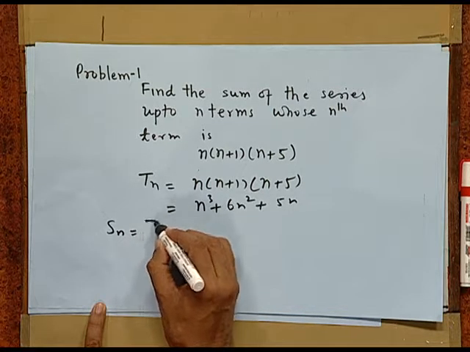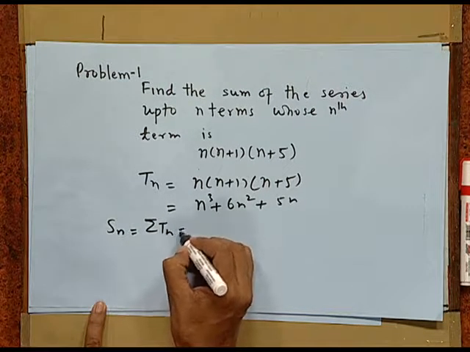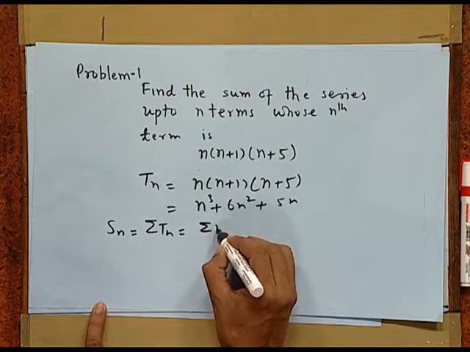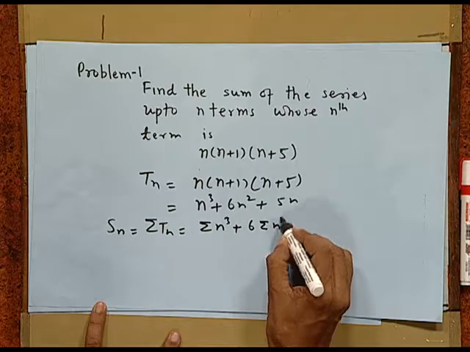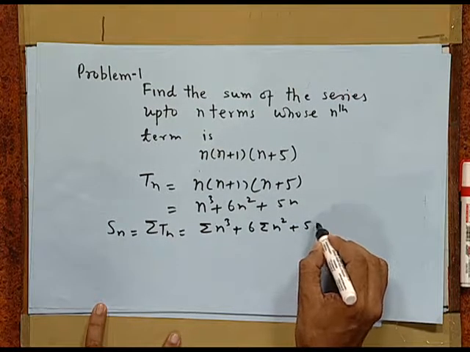We have to find S n. S n is sigma T n, that is sigma n cube plus 6 sigma n square plus 5 sigma n.